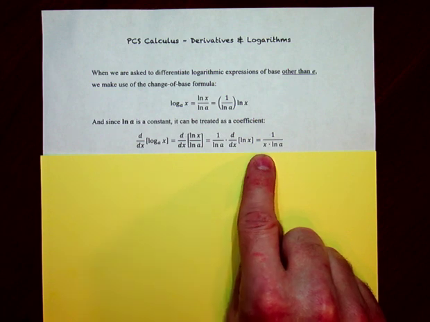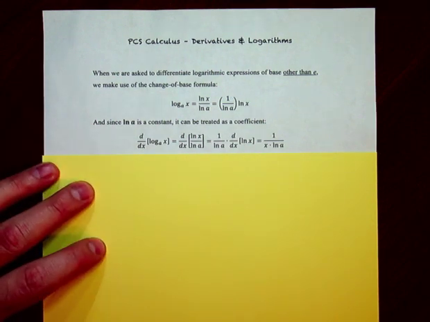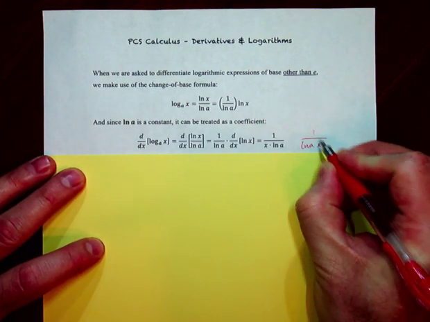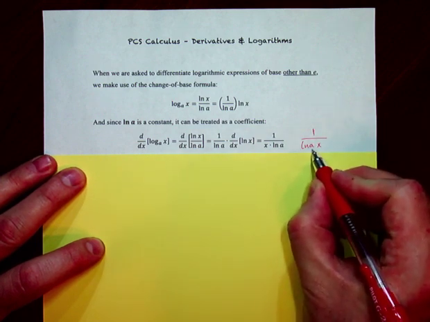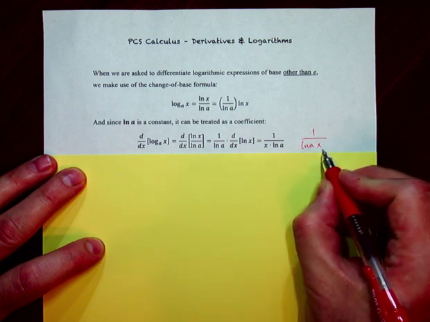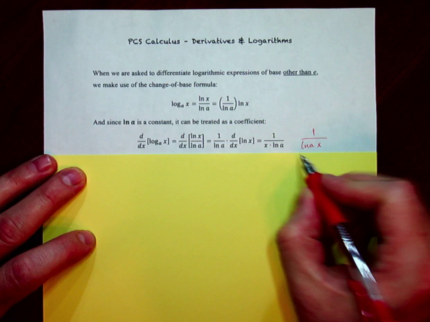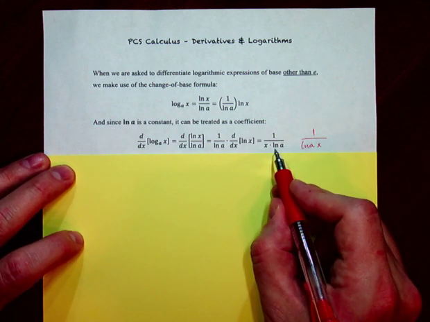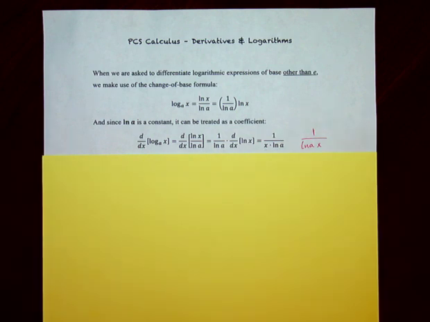If you have something instead like 1 over natural log a x, and you're not careful with your notation, this could be natural log a times x, or this could be natural log of a x, right, and they could both be part. So I just always pull the variable out in front of numerical logs like that, because it cuts down on the ambiguity, and of course ambiguity leads to careless errors.